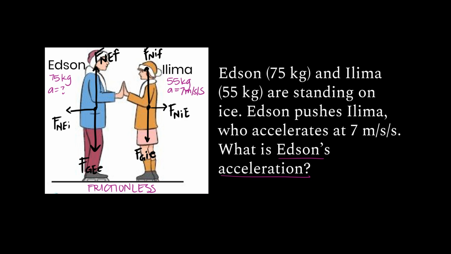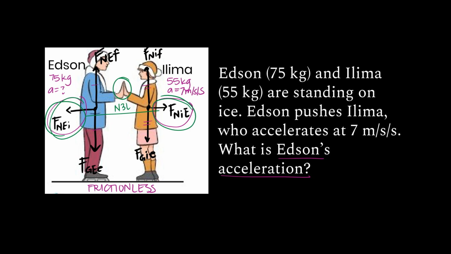Now we got to try and find out what their net force is, right? So it's unbalanced, but these cancel out because they're the same. And so whatever's left over is going to be the net force. So this is the Newton's third law pair, and it's happening right here.